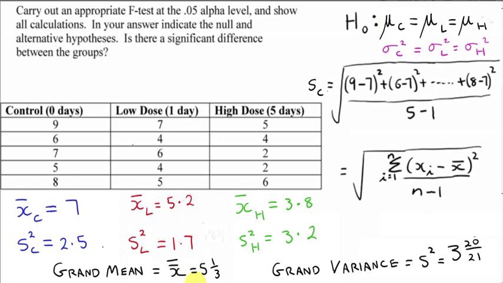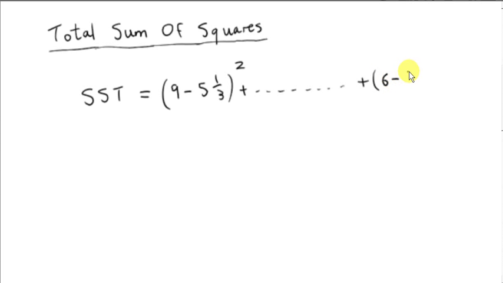Then we have 6 minus 5 1/3 squared, and so on as far as the last value, which is 6. So the last value will be 6 minus 5 1/3 squared. So we have the sum of the square deviations of all the values about the grand mean. Now if you work out these 15 square deviations, you get 55 1/3.